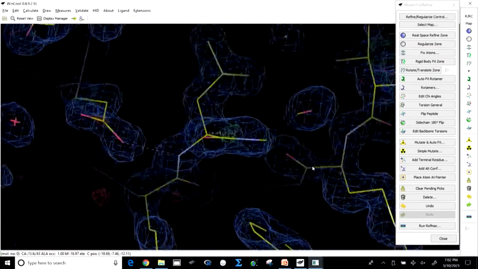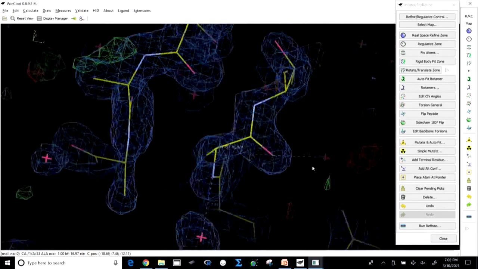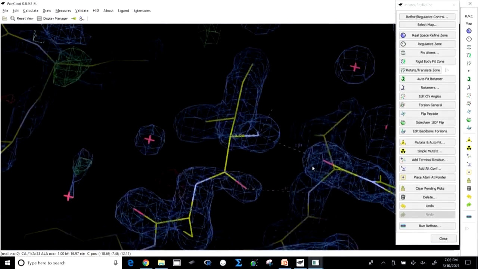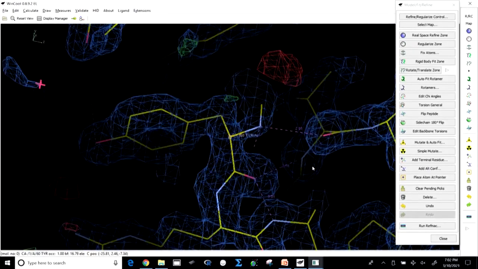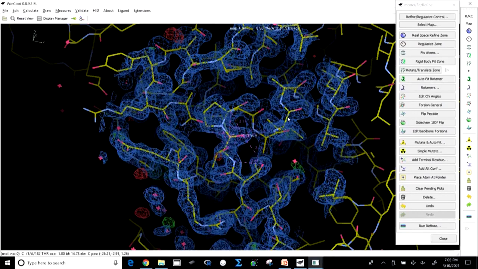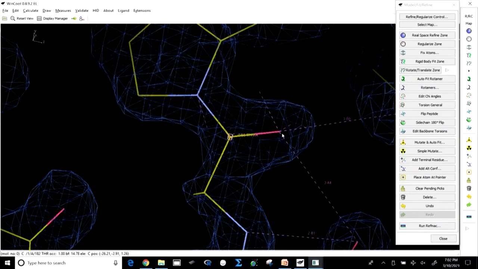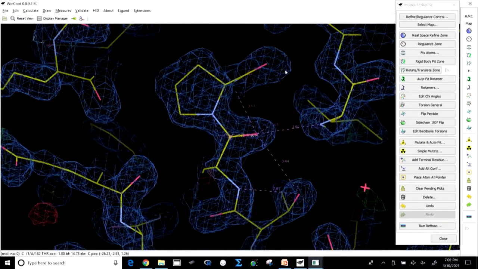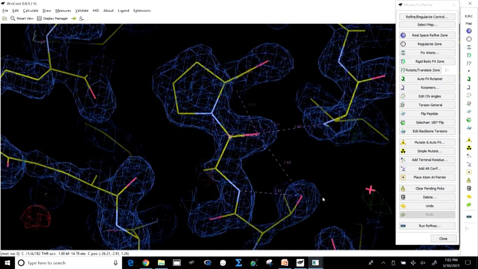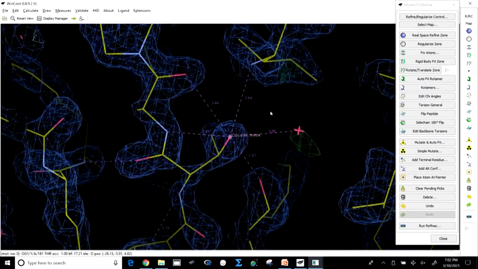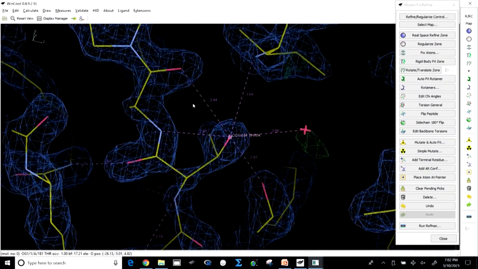By doing that, you could make a tour of the whole structure without doing much work. That is also a beautiful property of Coot. Here you get the numbers, and you will also see the atoms like OG1 of threonine 181.